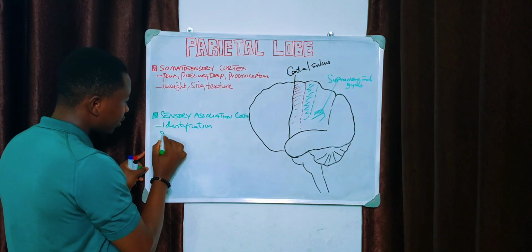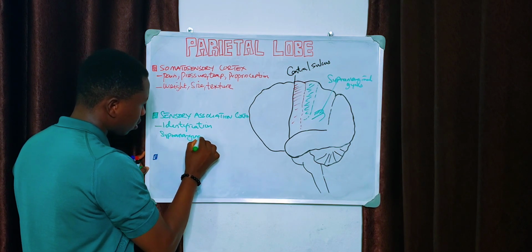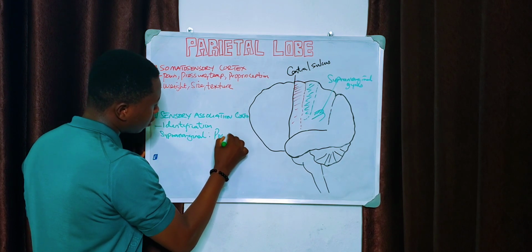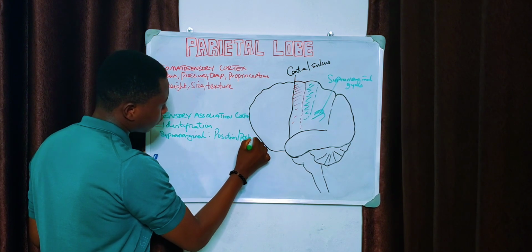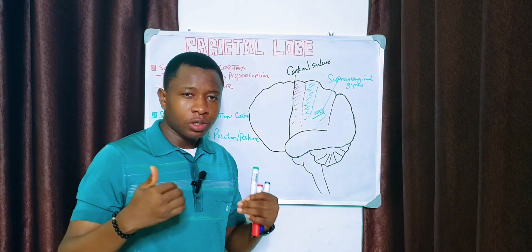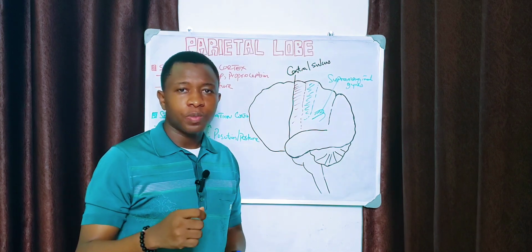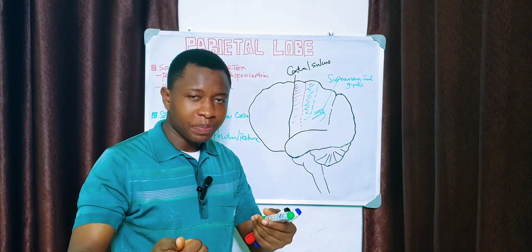So we have supramarginal gyrus, position slash posture. It helps us to be aware of our position and posture, and also the position and posture of the other person.